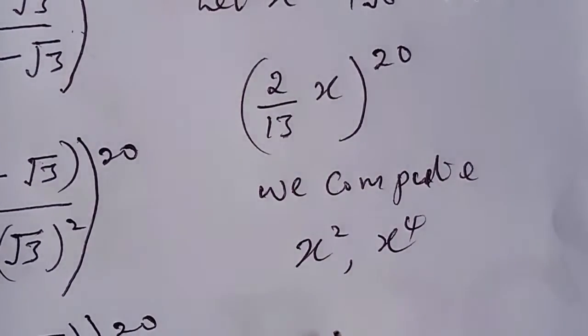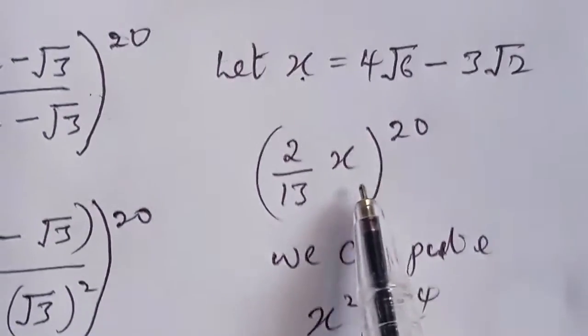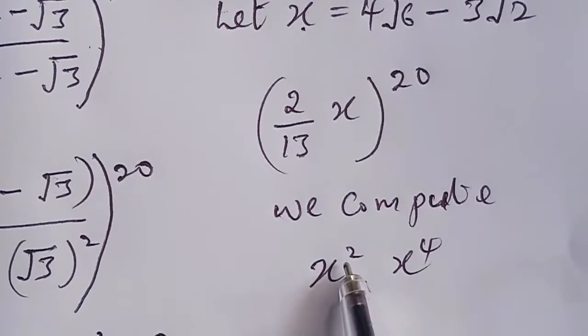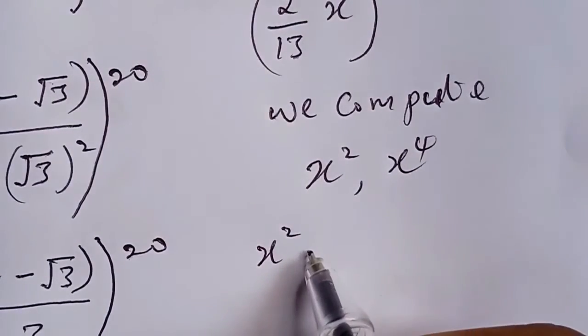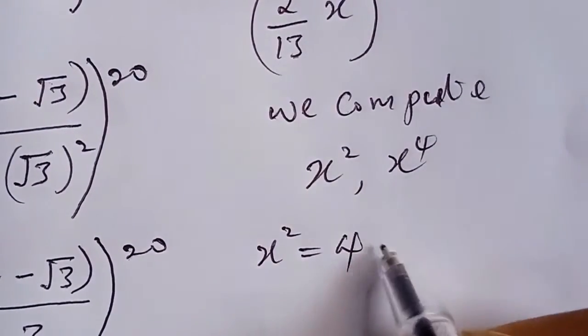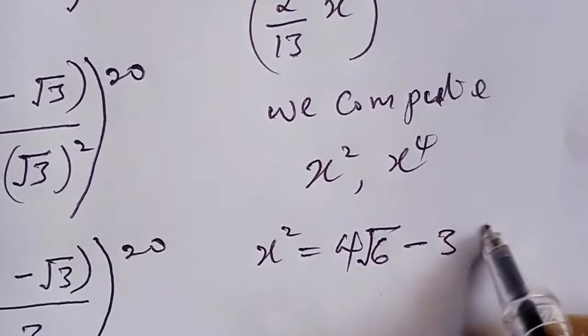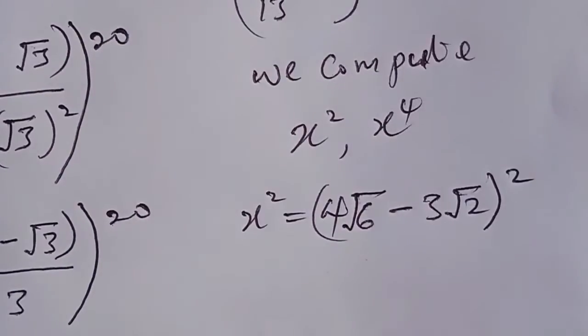So what we need to do first, from x squared, we compute x to the power of 2. So it means that x squared will be equal to 4 square root of 6 minus 3 square root of 2, all into bracket to the power of 2.